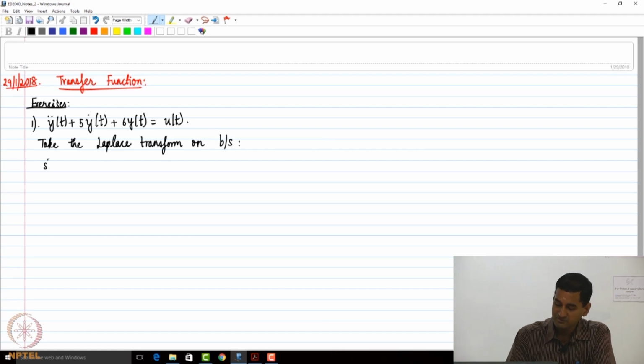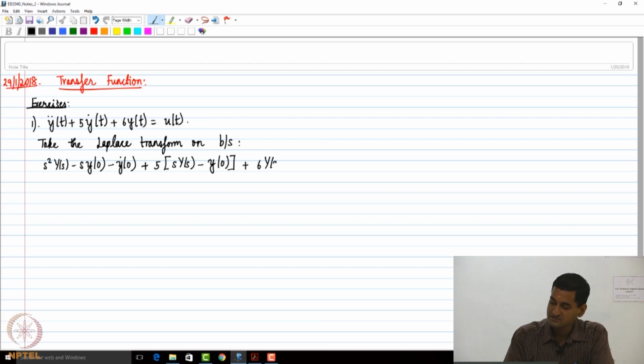The Laplace transform of y double dot becomes s squared y of s minus s times y0 minus y dot 0, plus the Laplace transform of y dot, which is s times y of s minus y0, so plus 6 times y of s, and that's equal to u of s.